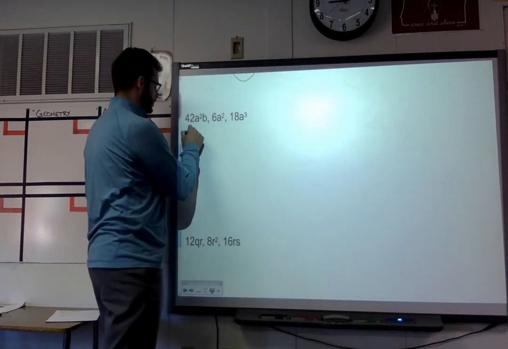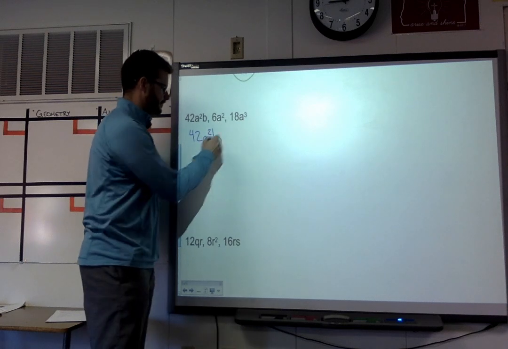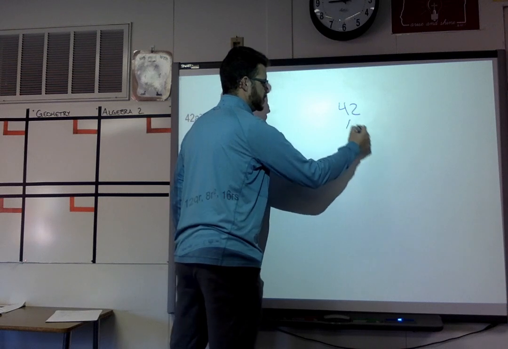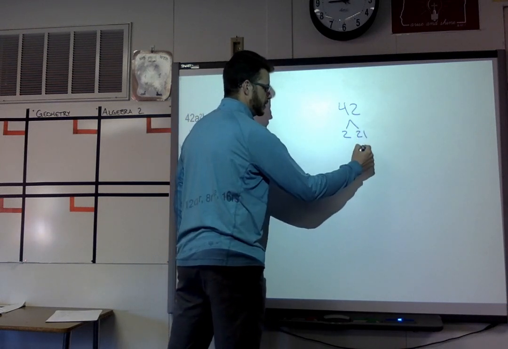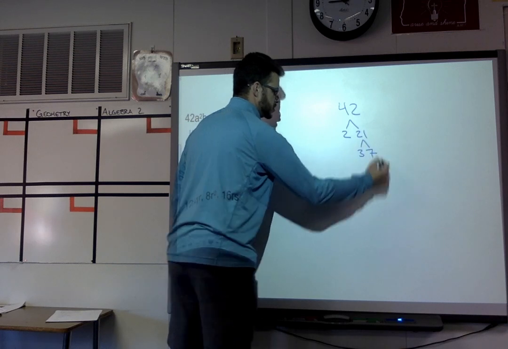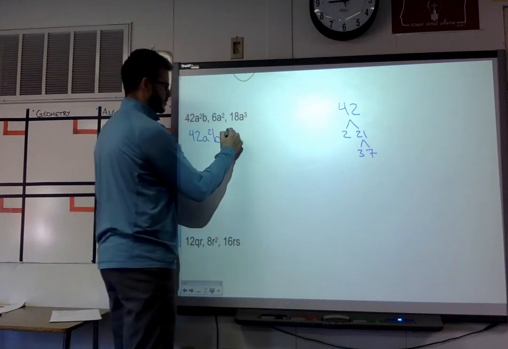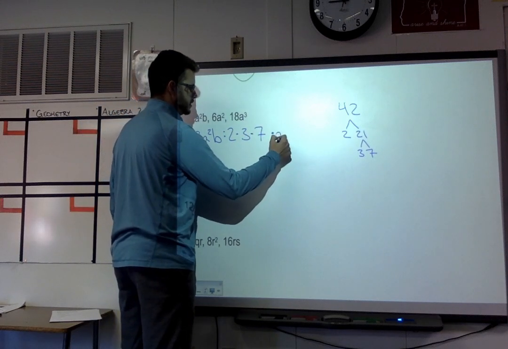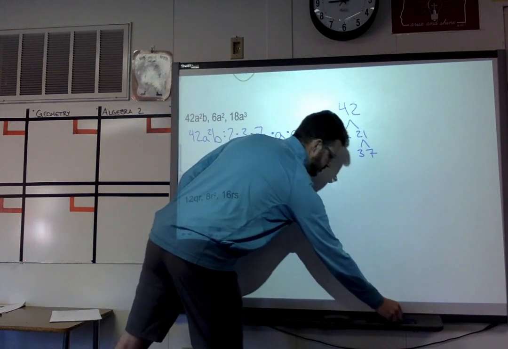monomials. So we have 42a squared b as our first one. I'm going to take 42 and break it down with a factor tree. 2 times 21. 21 becomes 3 times 7. So this would be 2 times 3 times 7 times a times b.